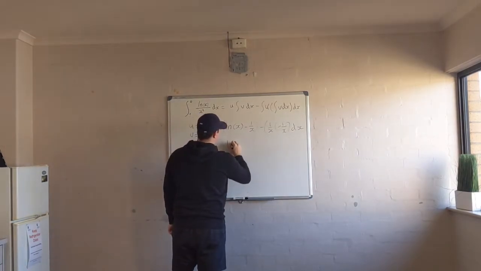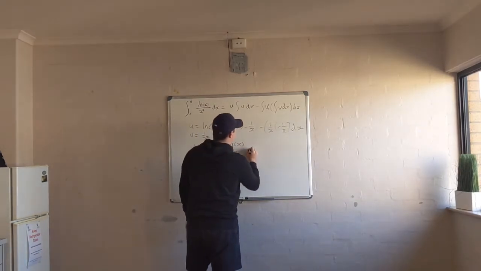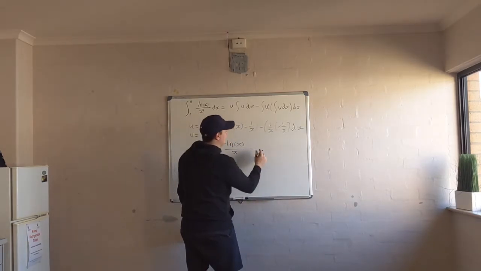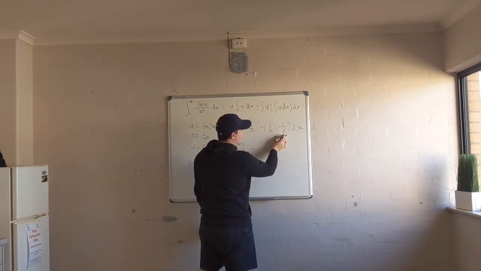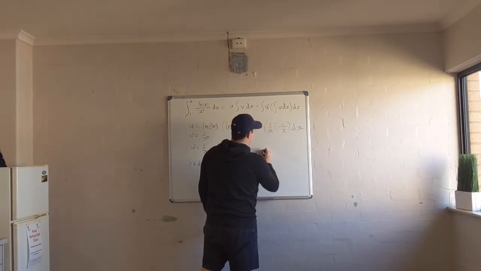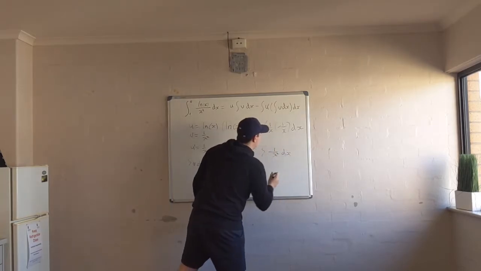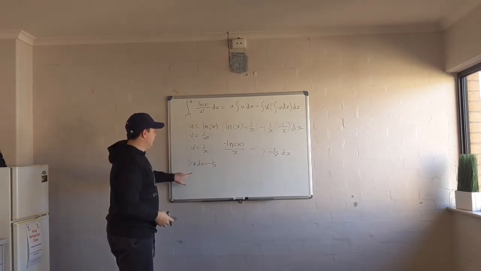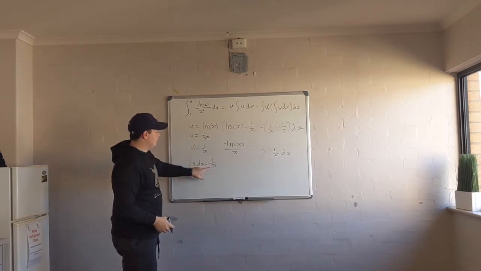So negative natural log of x over x minus, here when we expand the brackets, we're going to get negative 1 over x squared. And we know from when we integrated v down here that when we had this as a positive, we got negative 1 over x.